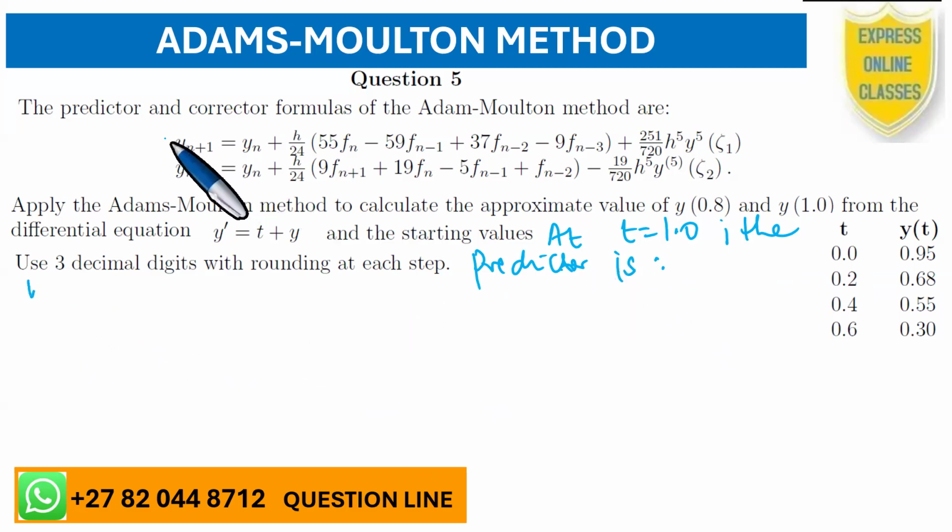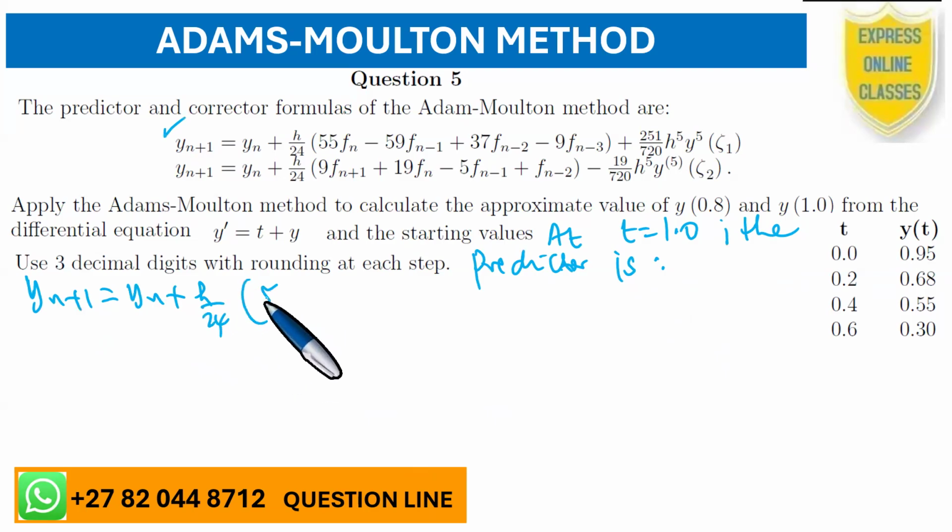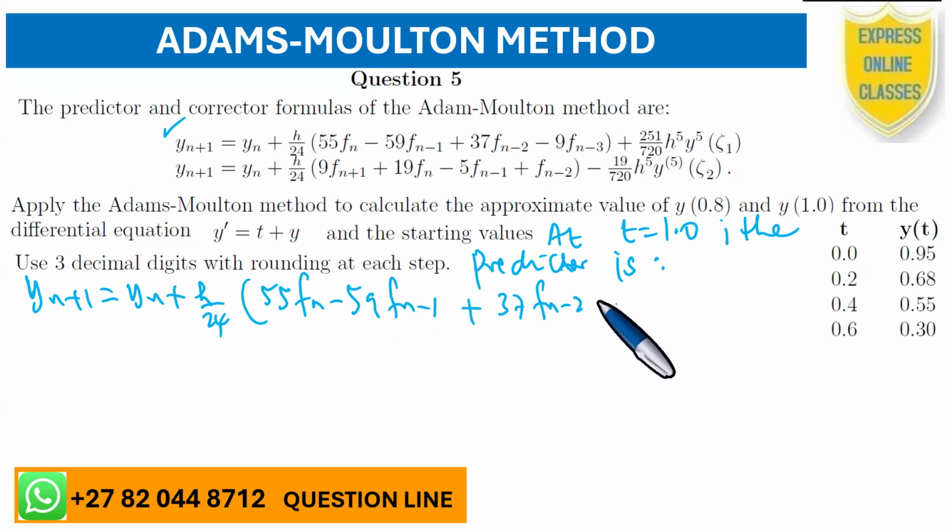At this point, we're dealing with the predictor, which is the first one: yn plus 1 equals yn plus h on 24 times 55 fn minus 59 fn minus 1 plus 37 fn minus 2 minus 9 fn minus 3.